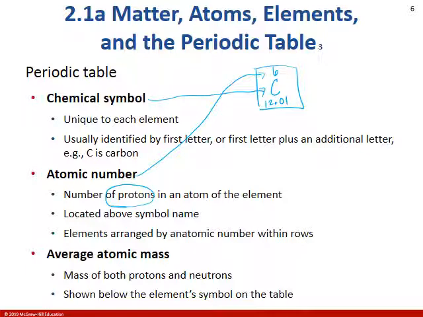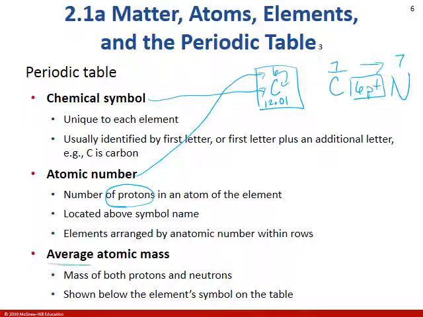So something to point out, you'll never see this. Carbon has 6 protons, so you will never see a 7 above it. If there was a 7 above it, you'd have to move over one. Go back and look at the chart. What has 7 protons? That would be nitrogen. So the proton number is very specific to the element.